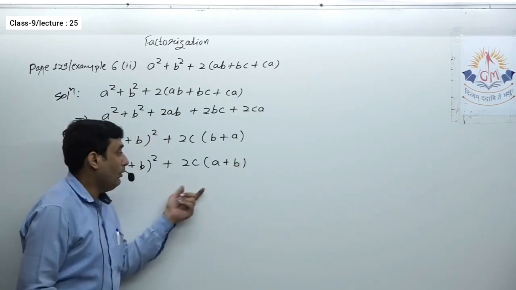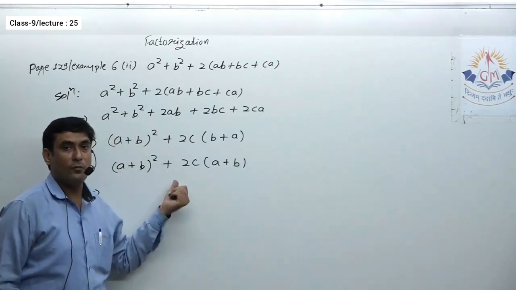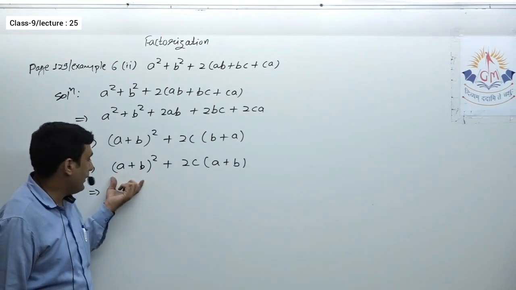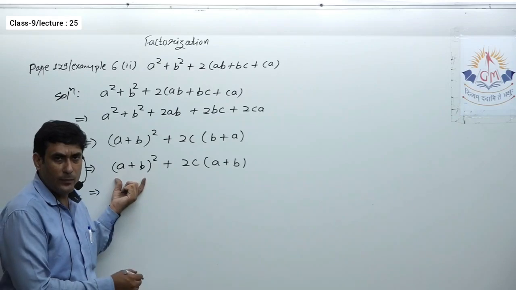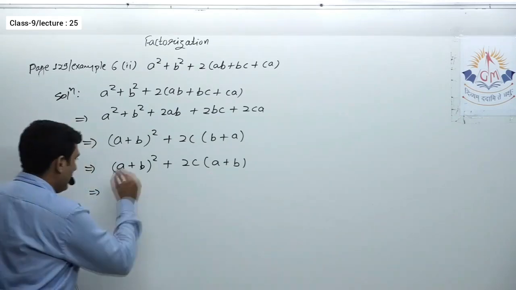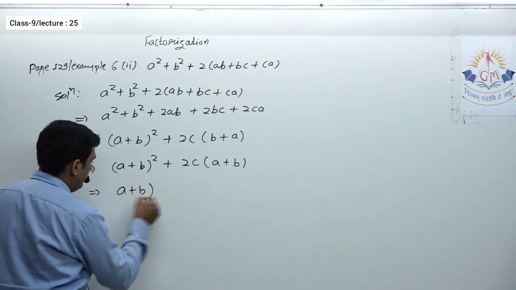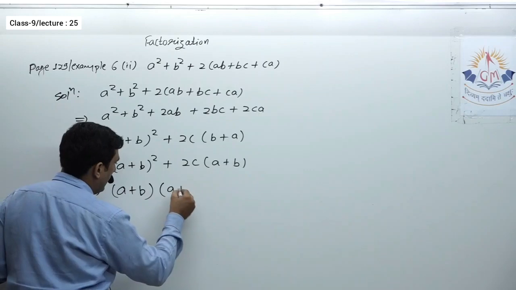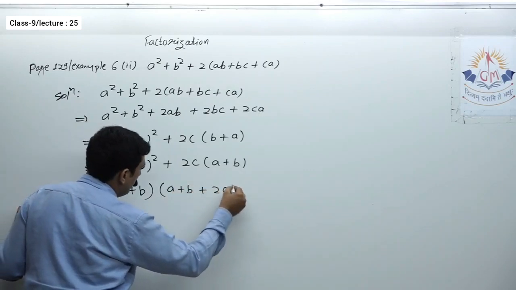See, almost similar type of expression was there in the second last step of the previous sum, isn't it? Over here it was something like 3x plus 4y whole square, and here again it was that. So here I can take a plus b common, isn't it? So I will get a plus b plus 2c.